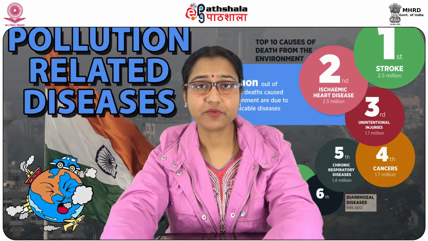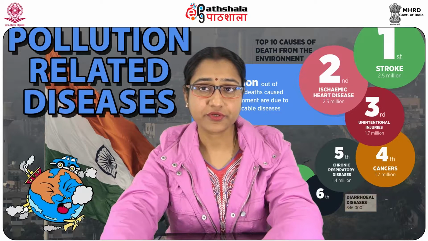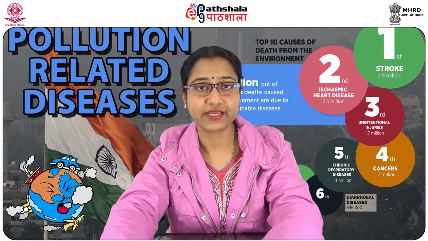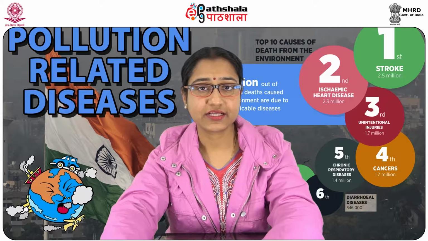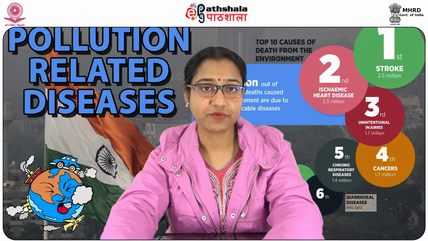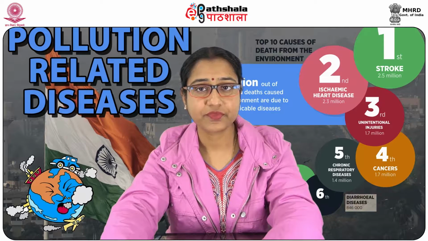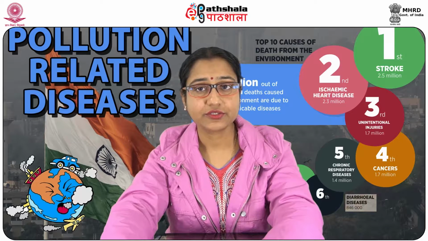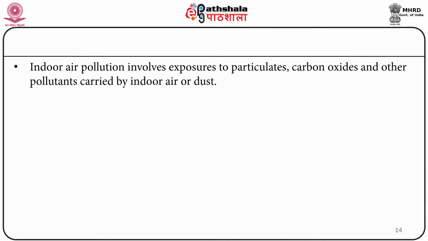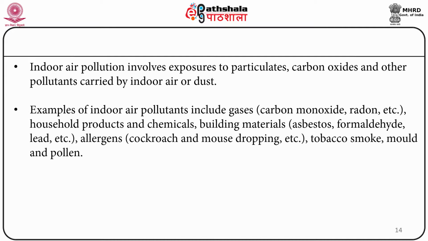Examples of outdoor air pollutants include fine particles produced by the burning of fossil fuels, that is, the coal and the petroleum used in traffic and energy production, noxious gases, that is, sulfur dioxide, nitrogen oxides, carbon monoxide, chemical vapors, etc., ground level ozone, which is a reactive form of oxygen and a primary component of urban smog, and tobacco smoke.